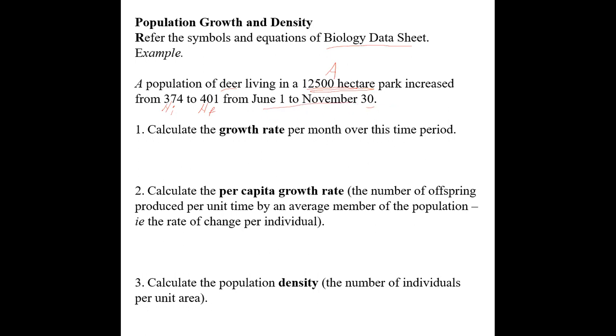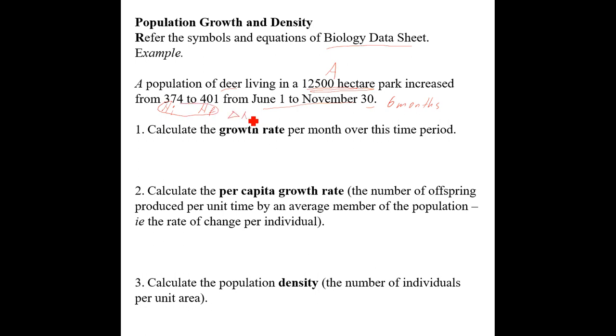You might be asked in terms of days, weeks, months, years, decades, but here we're going to do it per month. It just so happens that this works out to being 6 months. If I take these two numbers here, I can calculate the change in the number.